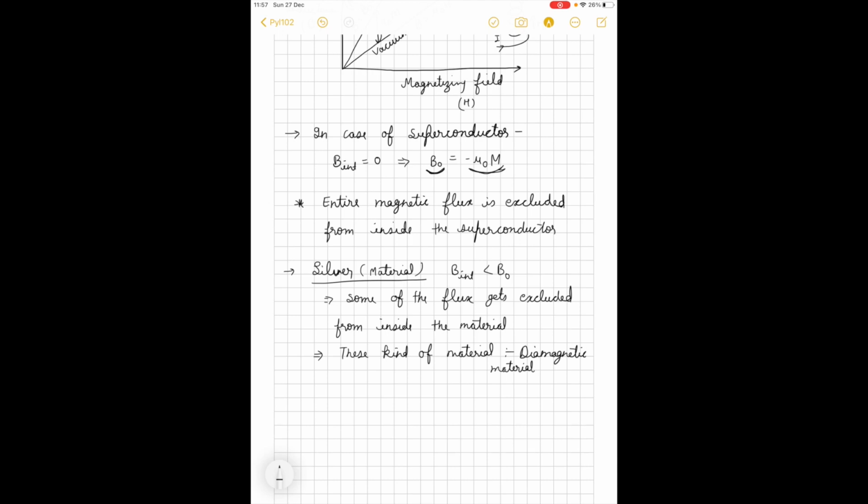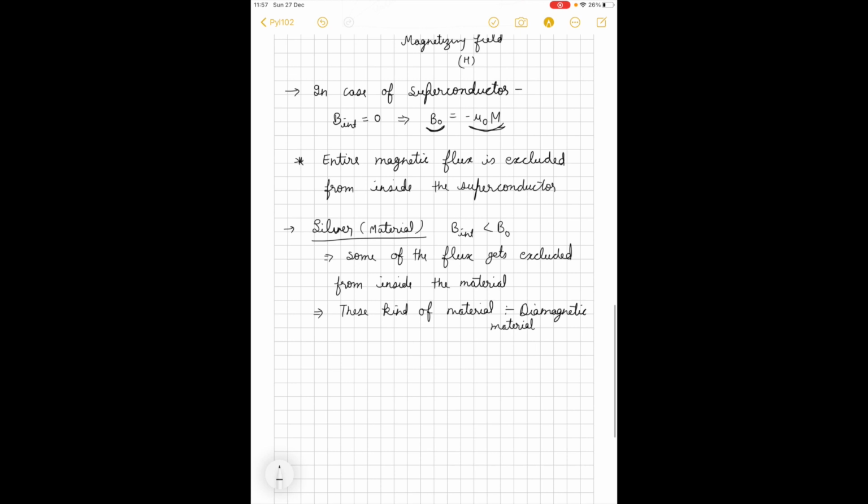All right, so apart from that, for the third example, let's say you put copper or aluminum in the solenoid, so then what happens? This B internal is greater than B naught. So it's slightly greater than the external magnetizing field.